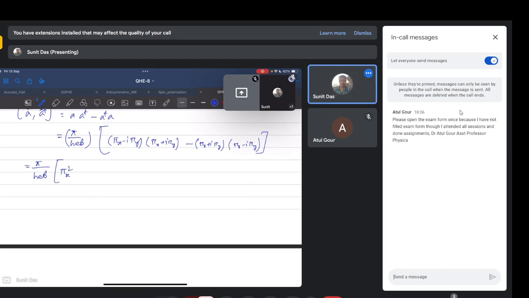Pi x square plus i pi x pi y minus i pi y pi x plus pi y square, minus pi x square minus i pi x pi y plus i pi y pi x, minus pi y square.